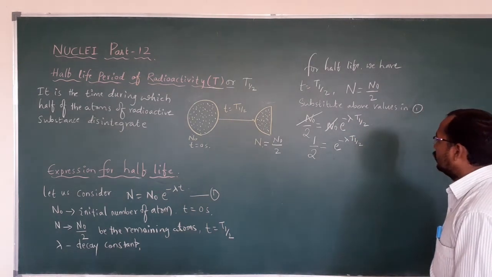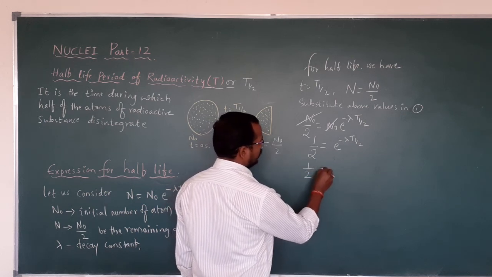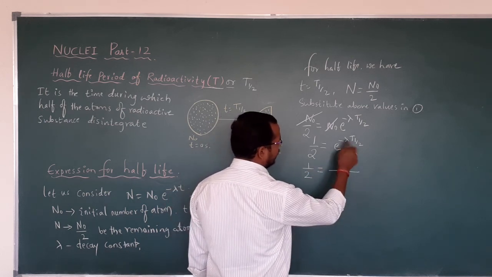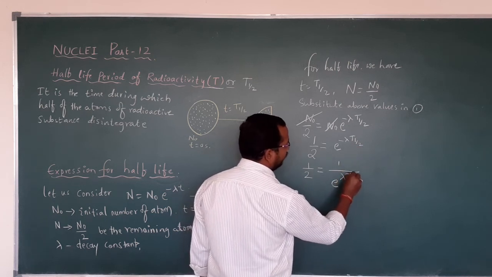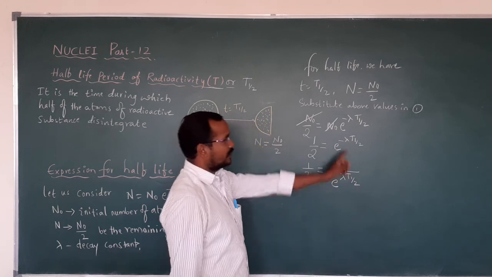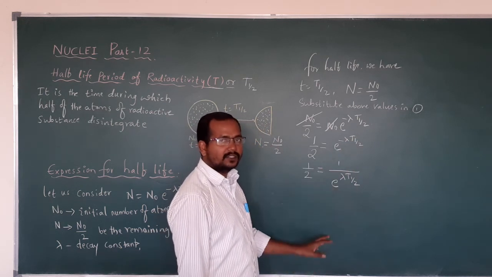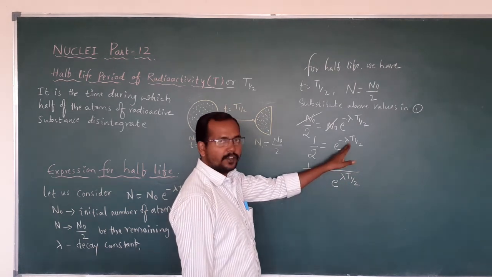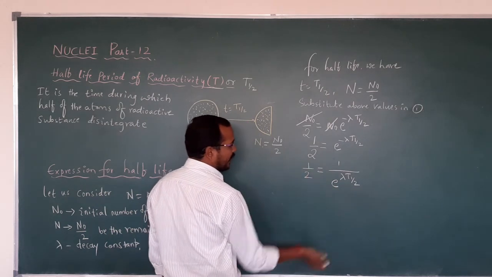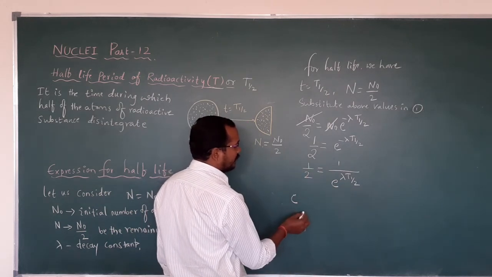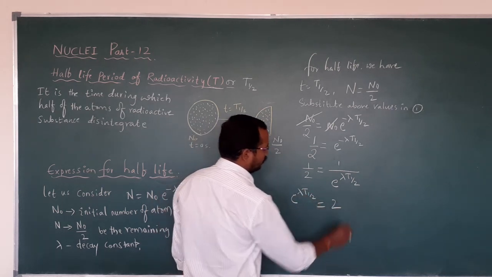Now I can write this equation as 1 by 2 is equal to 1 by e raised to lambda T half. If e raised to minus x comes to the denominator, it becomes e raised to plus x, only the sign will change. Now cross multiply, and it becomes e raised to lambda T half is equal to 2.